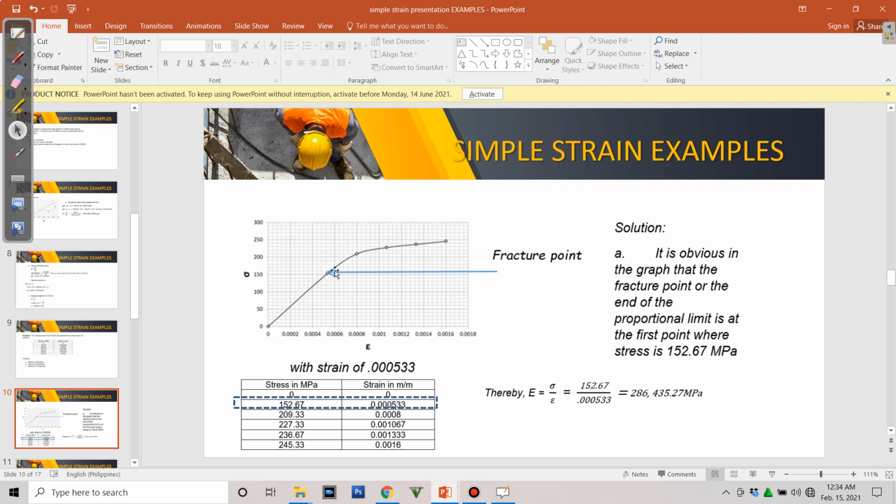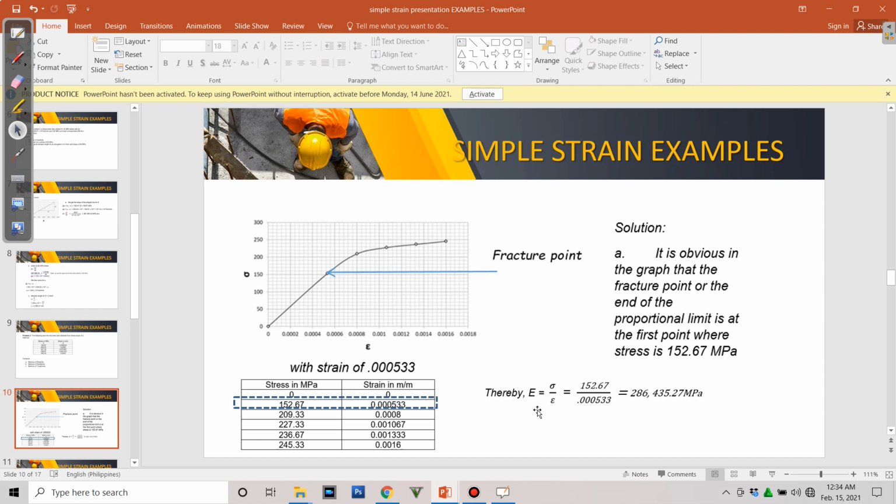So we can conclude that the end of the proportional limit is at the first point, where the stress is equal to 152.67 megapascal.